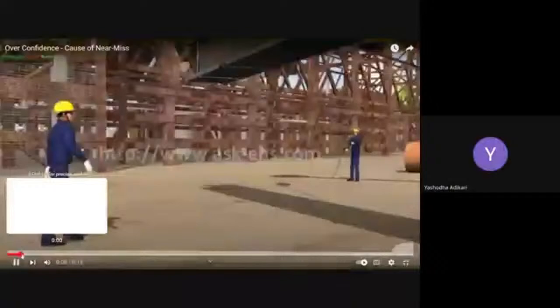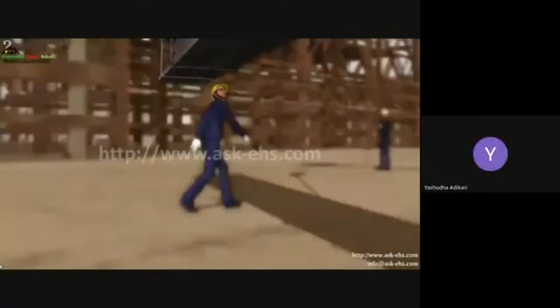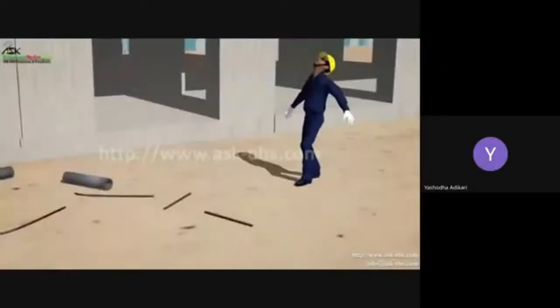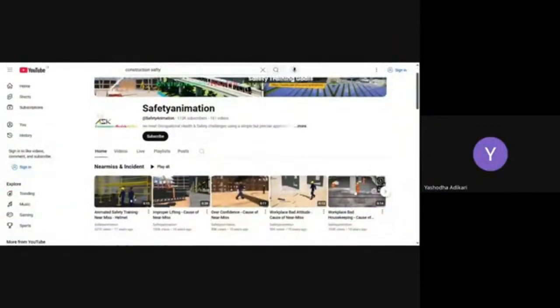You can avoid this by using the safety helmet. These are really happening in our sites, right? Those are the accidents, those are the issues.